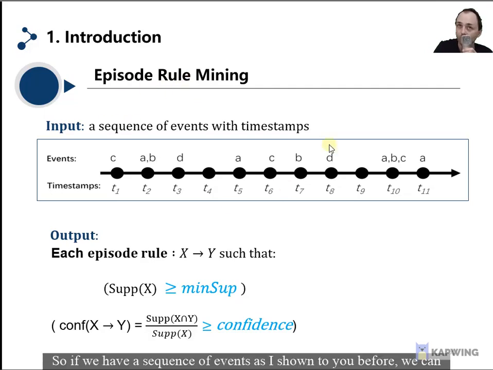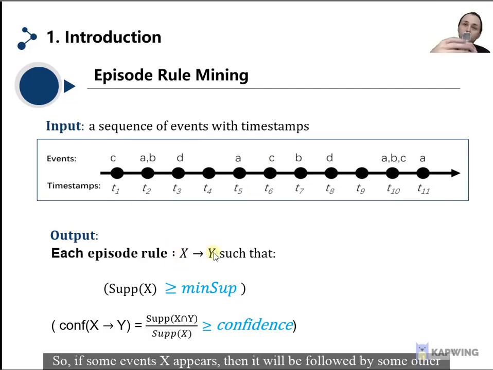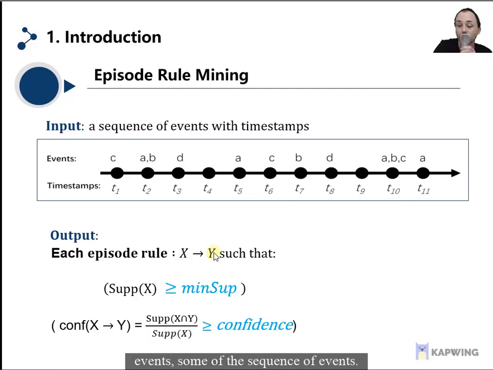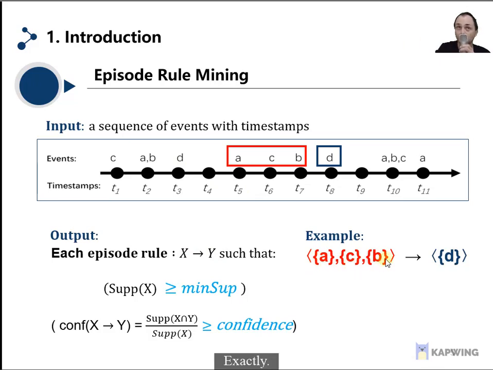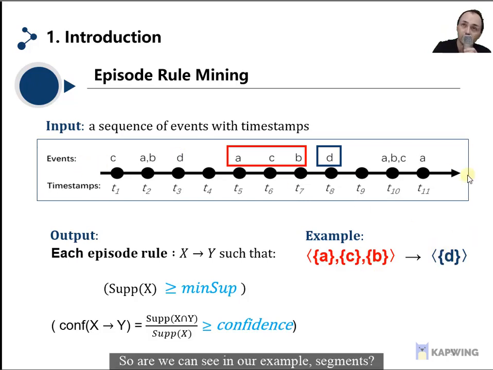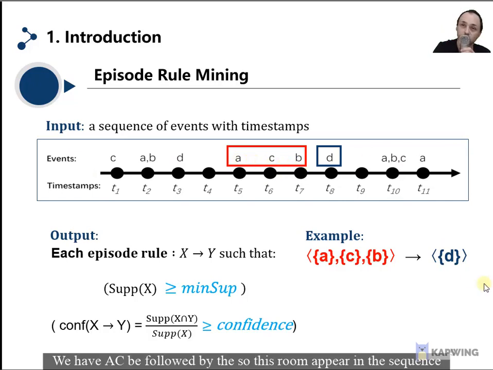If we have a sequence of events as I showed you before, we can find rules like X implies Y. If some events X appear, then they will be followed by some other sequence of events Y. For example, maybe we can find a rule like this: if we have A followed by C followed by B, in that exact order, then later we will find the event D. Here we can see in our example sequence we have A, C, B followed by D. So this rule appears in the sequence above.